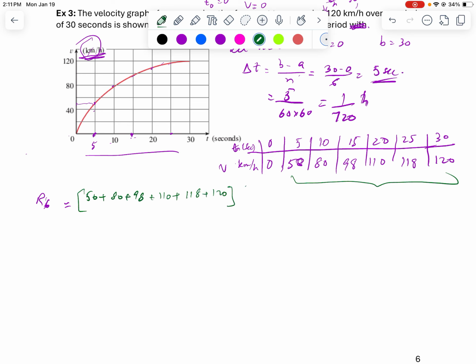So what do I get? I'm getting 0.786. This is what I get.